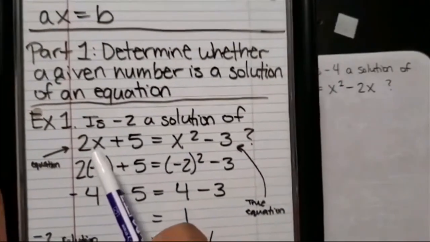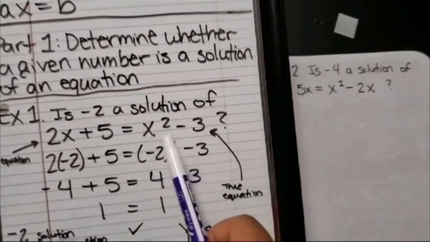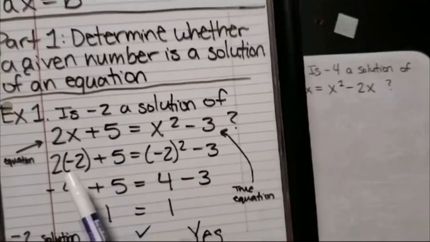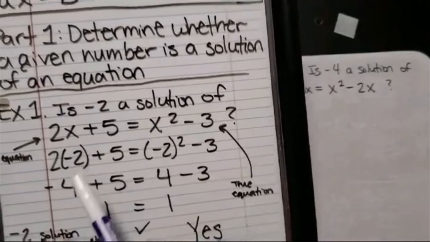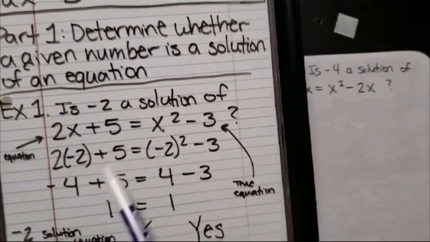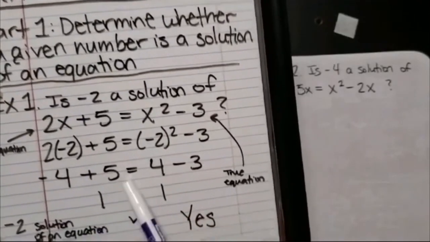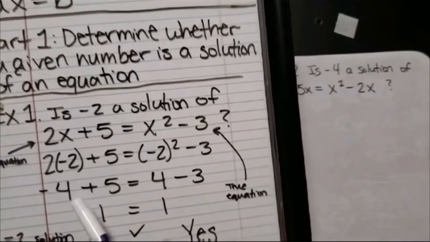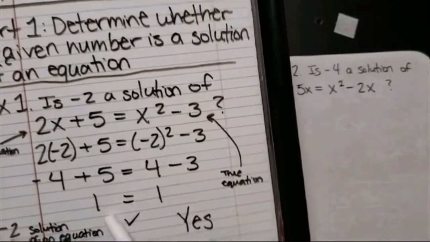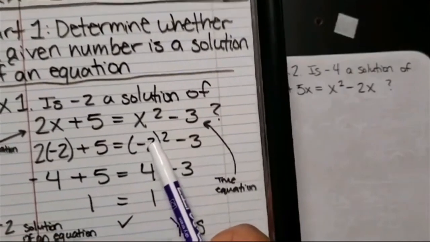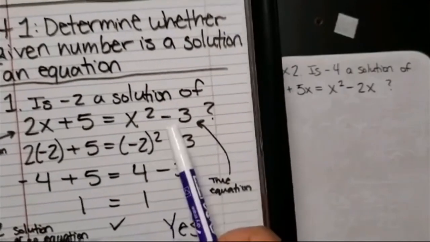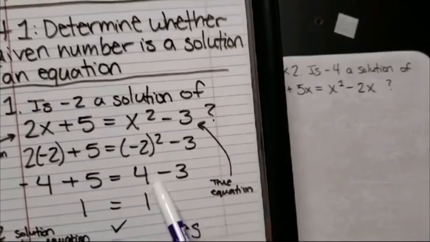So when we plug in -2 in for x, when we work it out on the left side, we get 2 times -2, which is -4. We bring that +5 down, and -4 plus 5 is 1. On this side, when we plug in the -2, when we square -2, we get 4.